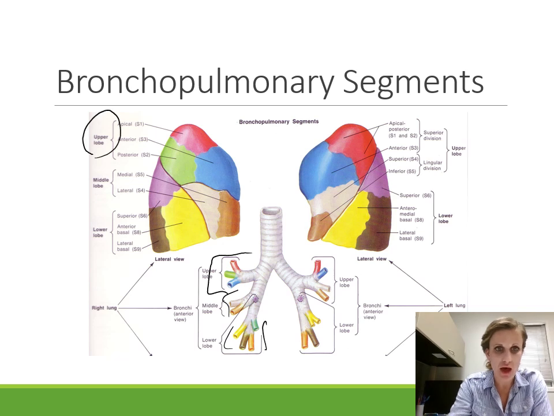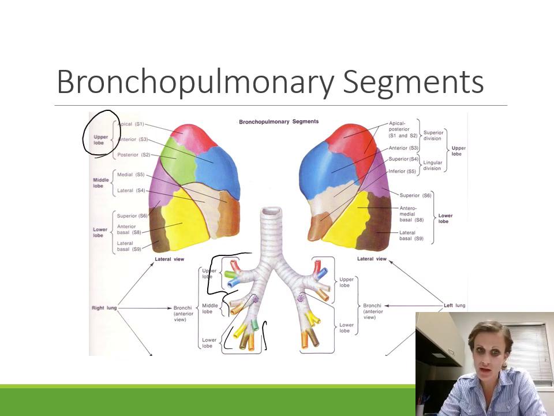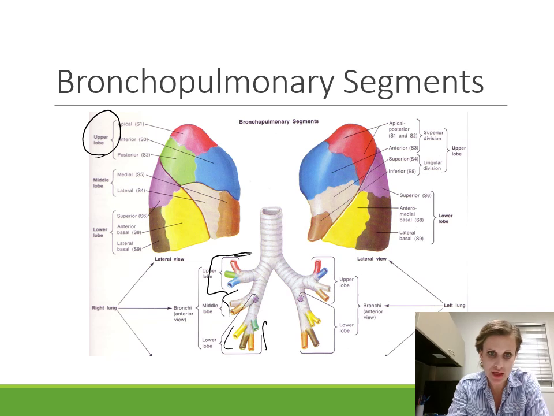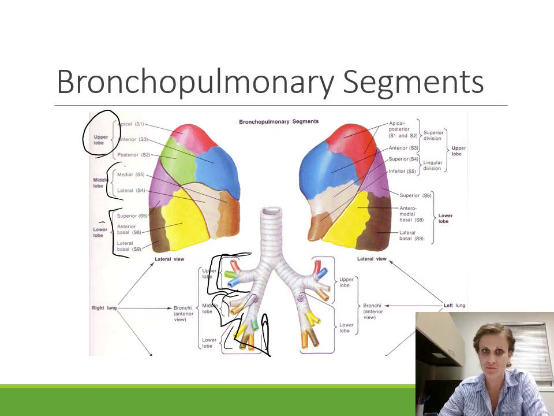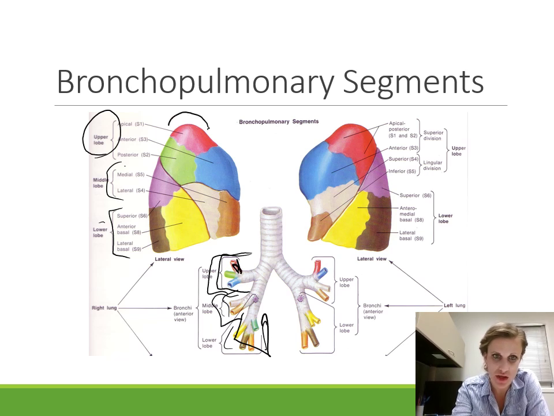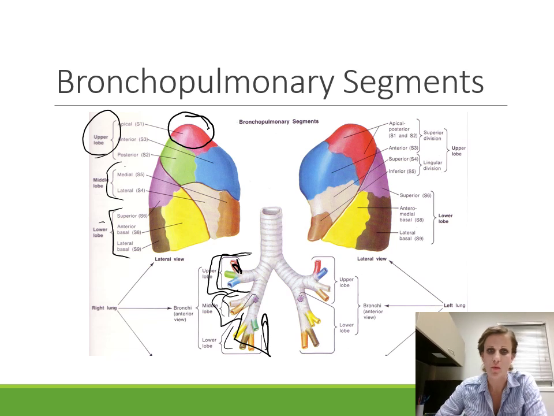Here you see the upper lobe of the right lung, right? And these segments are going to the upper lobe. You see your middle lobe fed right here, and then your lower lobe is fed right here. Okay, and they're color-coded, right? So you can see this segmental bronchus is going up to the apical bronchopulmonary segment.